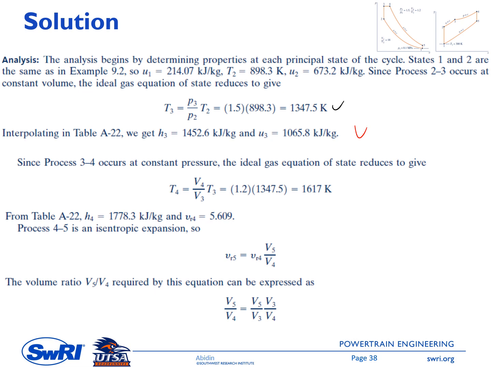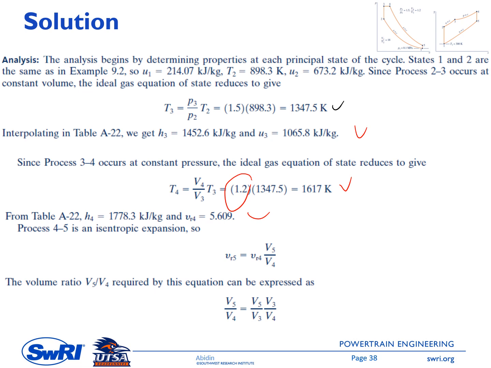Process 3 to 4 occurs at constant pressure, and the volume ratio is given as 1.2. You will get T4, and once you get T4, you can go back to table A22 to get H4 and VR4.